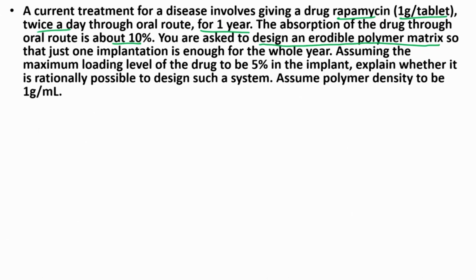So, you want a polymer matrix which is erodible, and once you implant it once, it should last for the whole year with the same amount of drug being delivered. So, this is the question that you have in hand. You know that whatever polymer you may use for this particular drug, you may be able to achieve a maximum loading level of about 5% in your implant.